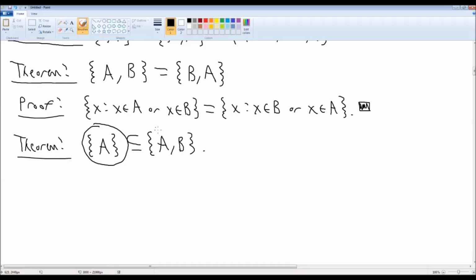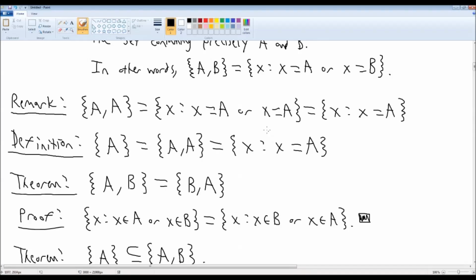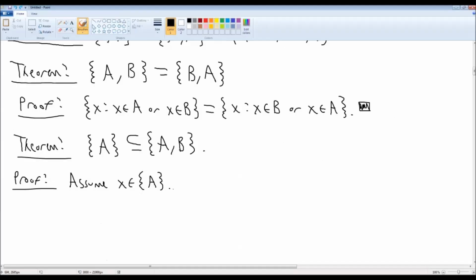Here's another easy theorem. A set that looks like this is always a subset of a set that looks like this. Let's prove it really quickly. We want to show that every member of this set is also a member of this set. So assume X is a member of this set. Well, if X is a member of this set, what is this set? This is the set of things which are equal to A, and there's only one thing in that set, therefore if X is in this set, that means X has to be equal to A. Now, if X is equal to A, that means X equals A or X equals B, right?